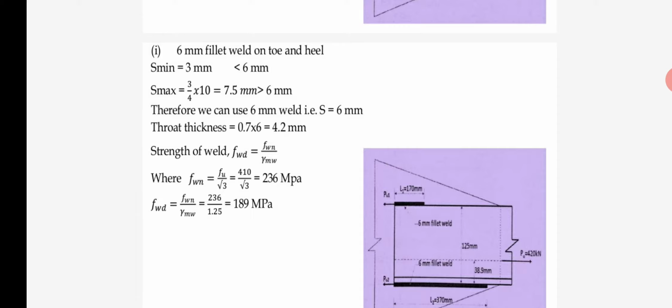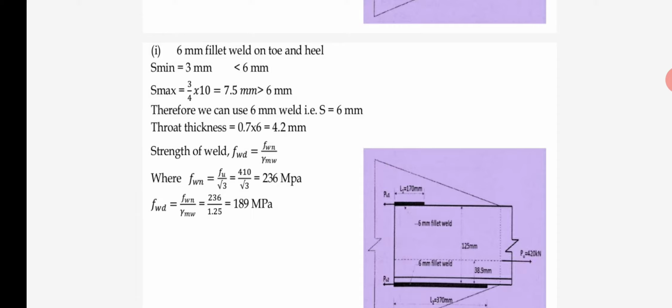If not specified, you can find it with the code provisions for minimum and maximum size of weld. After deciding the size of weld, S equal to 6 mm, we calculate throat thickness. Throat thickness is 0.7 times S, so it is 4.2 mm.